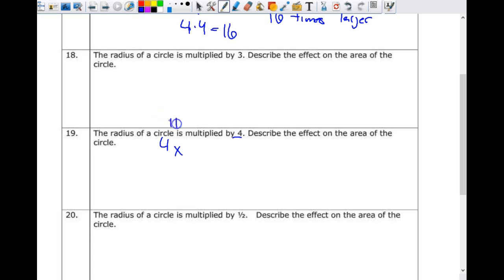The formula is pi r squared, which can be rewritten as pi times r times r. So you have to double up on those r's. So it's really going to be 4 times 4, this r times this r. So it's going to be 16 times as large. Yeah, because the pi is a constant. The constants cancel out. 16 times as large.